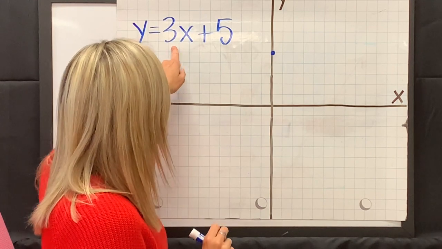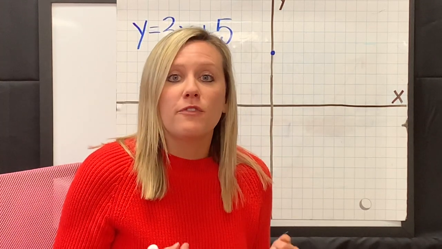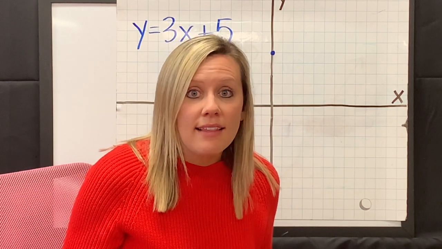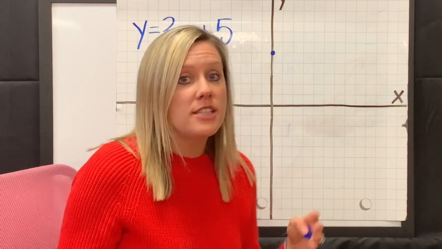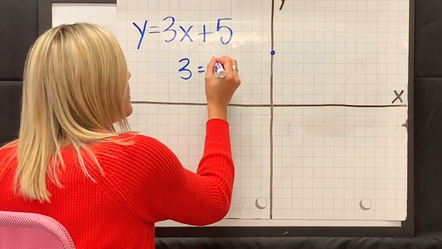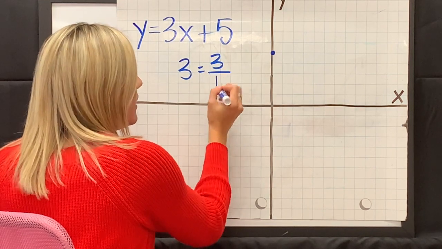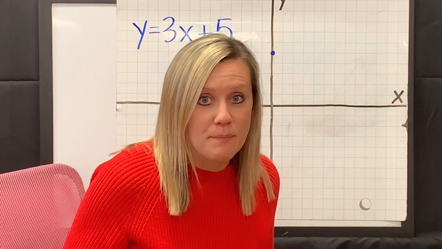This number out here, that is called my slope. And the first thing I like to do is change that number into a fraction. So if we changed the number 3 into a fraction, we would have 3 over 1, right? 3 wholes is equivalent to the number 3.